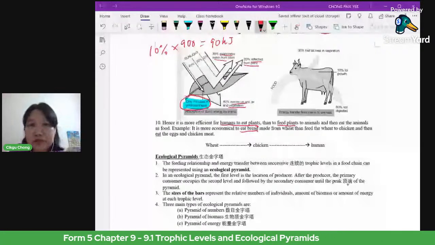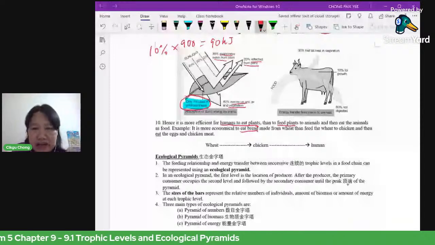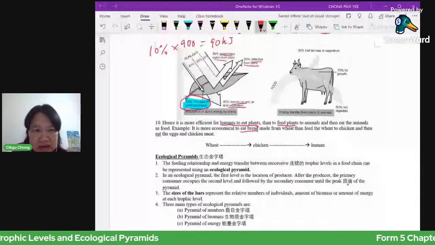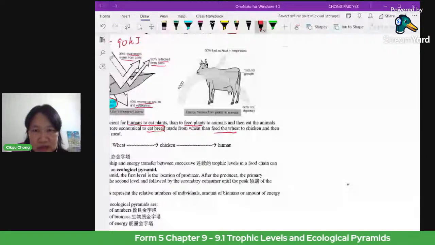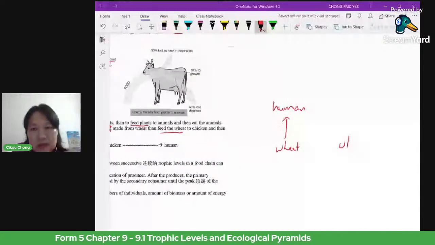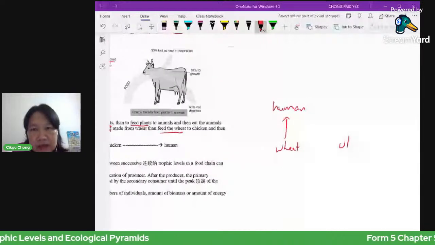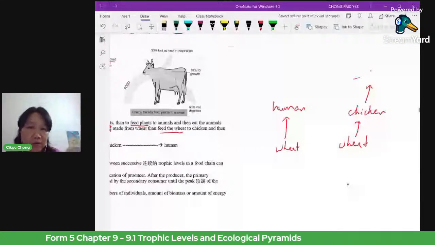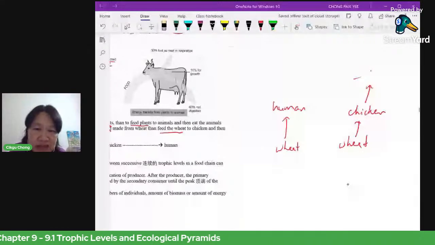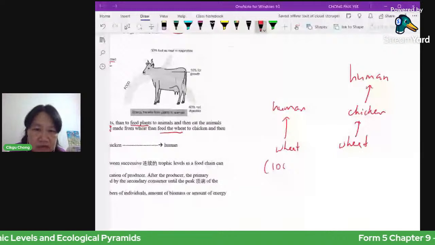If you yourself as the, let's say, wheat eaten by human, okay, compare that with the wheat eaten by chicken, and then you eat the chicken. Sorry, wait, this is human, right? This is human, so it's more economical because you'll be getting more energy from that. So let's say wheat, okay, let's say I put 10,000 kilojoule.